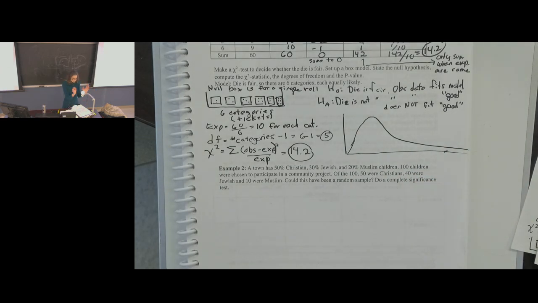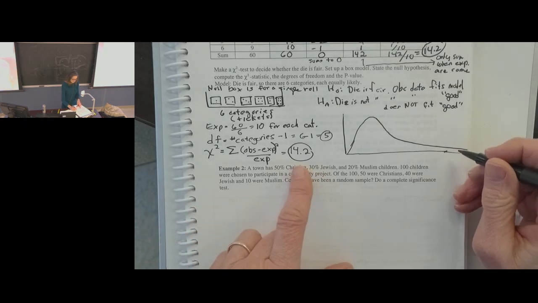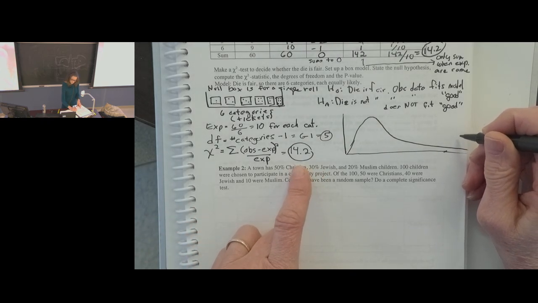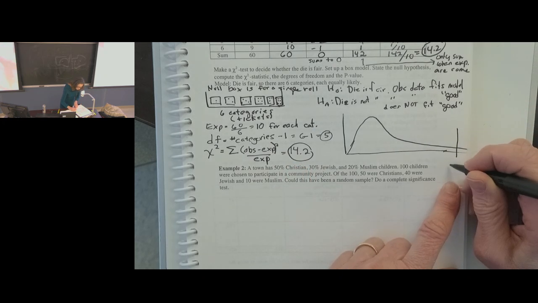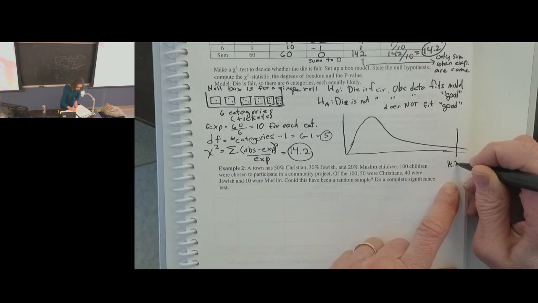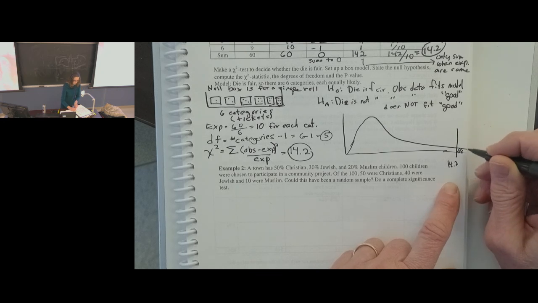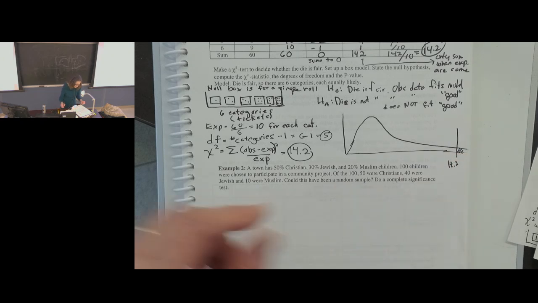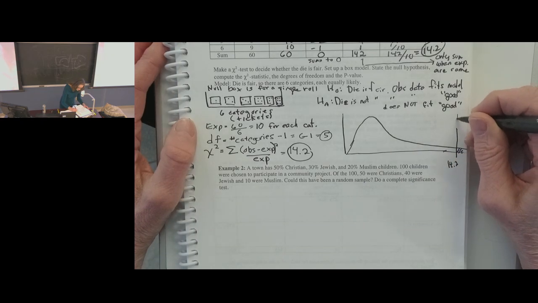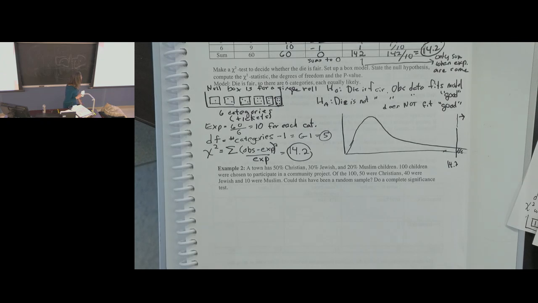And what we saw was that at 14.2, we got a very small p-value. This area right here, from here on in, we got a probability of what?